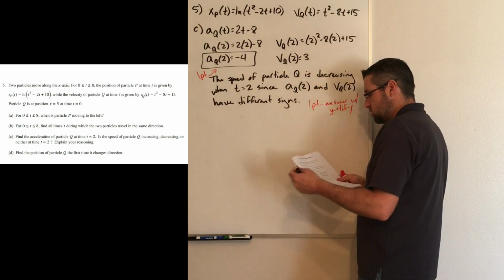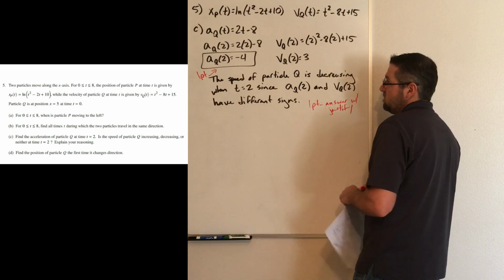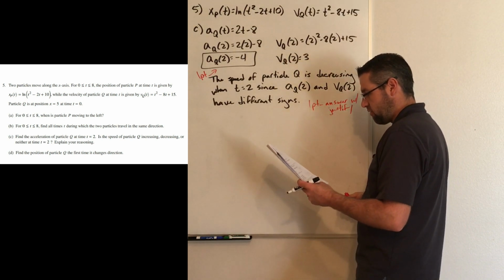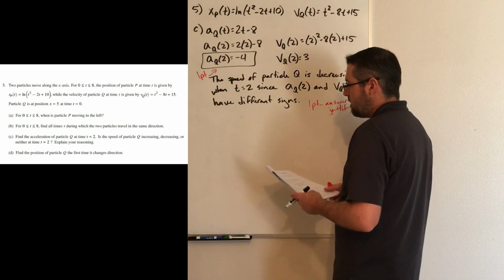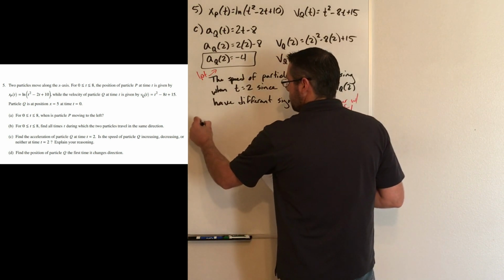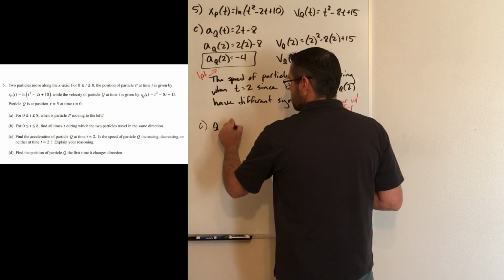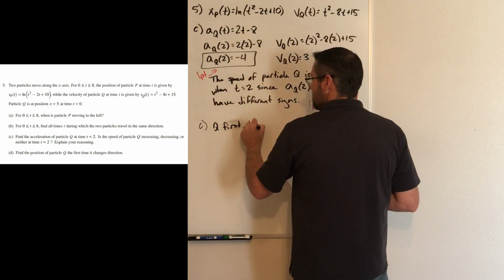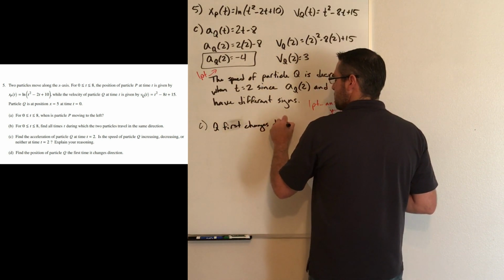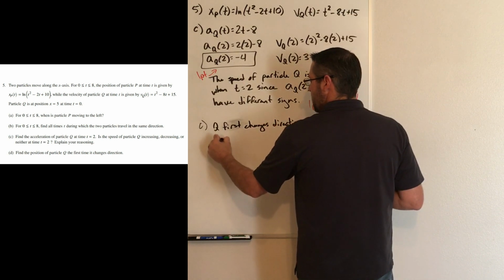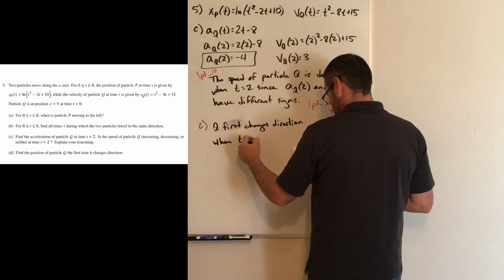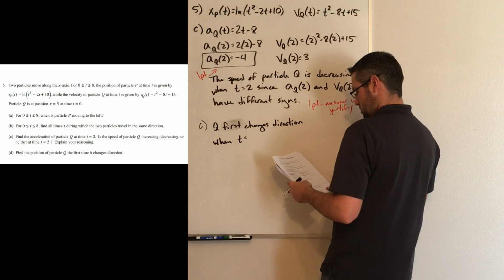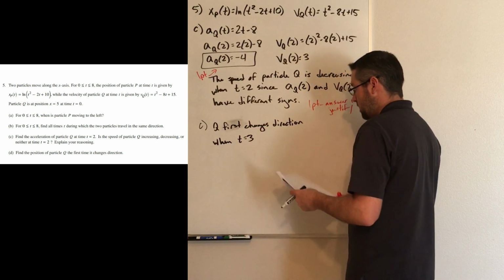Part D, it says find the position of particle Q the first time it changes direction. Well, we actually need some information from part C, because we know that Q first changes direction when t equals 3.